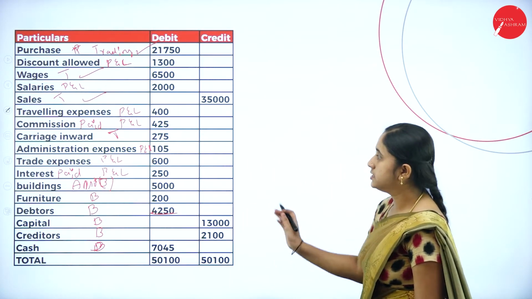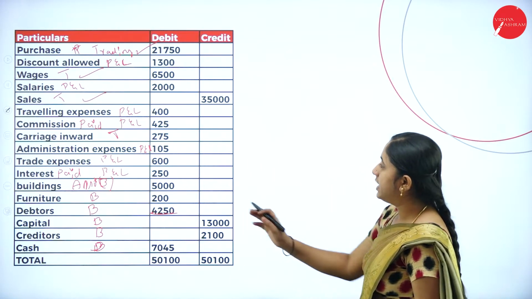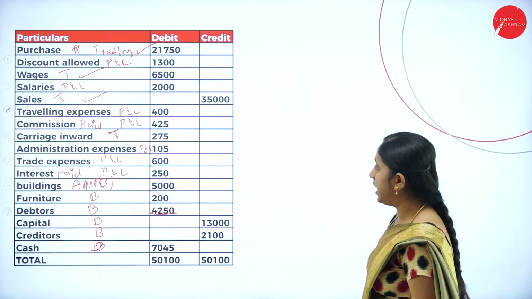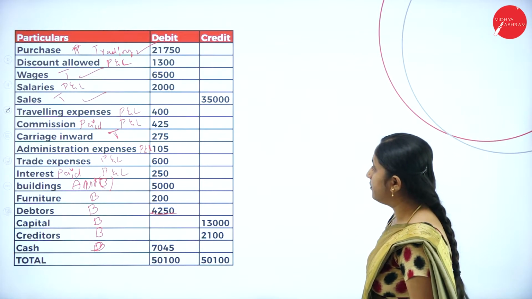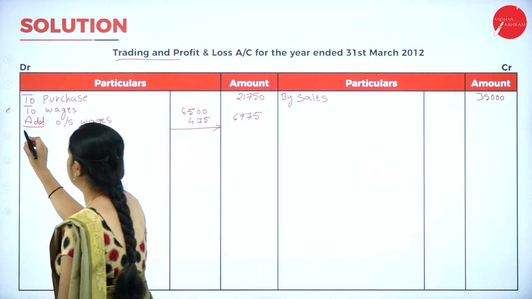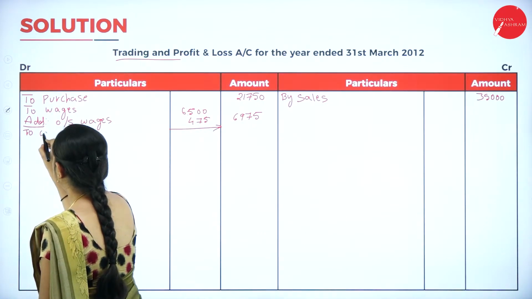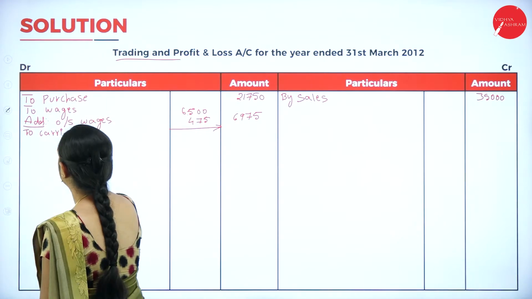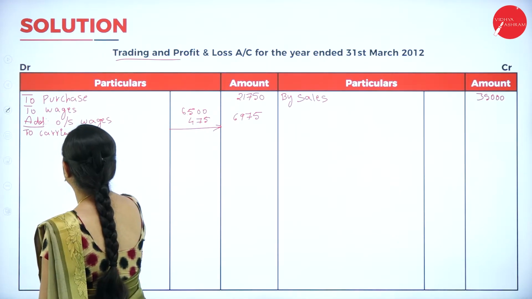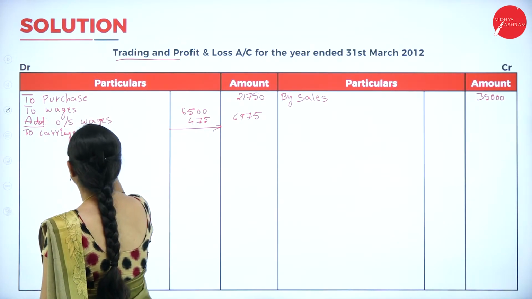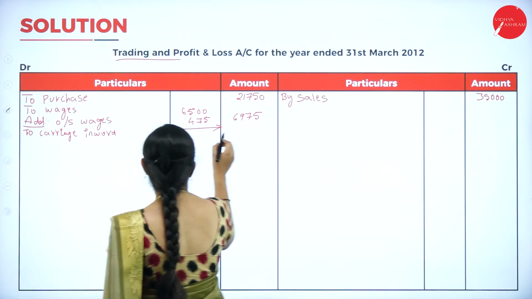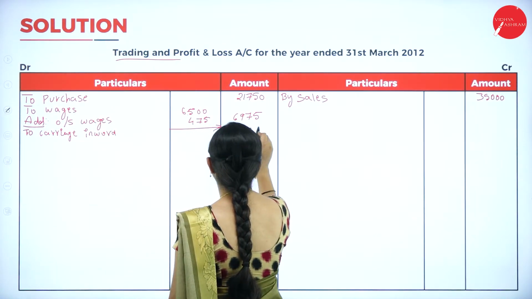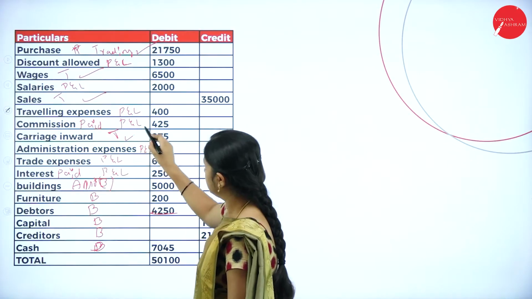Then carriage inward. Carriage inward is a direct expense. Write in the debit side of the trading account, to carriage inward, rupees 275.